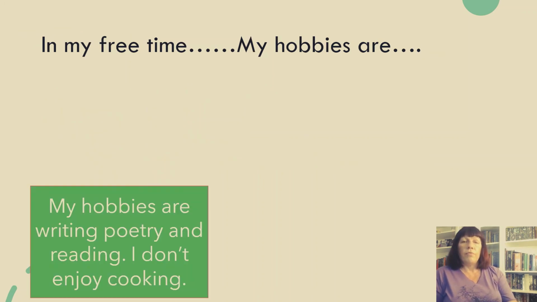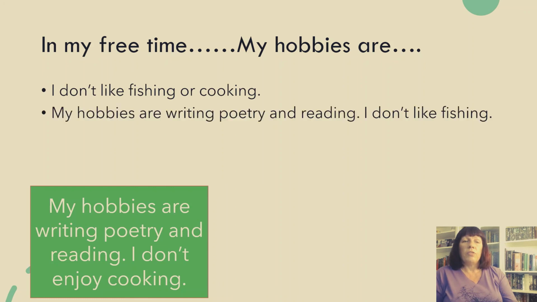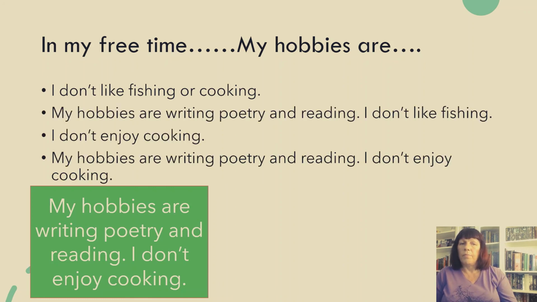So in my free time, my hobbies are, I would say, my hobbies are writing poetry and reading. I don't enjoy cooking. But I could use any of these sentences together. So think about, in your practice, how are you going to add sentences together that you've learned in your English classes and by listening to other people talking.